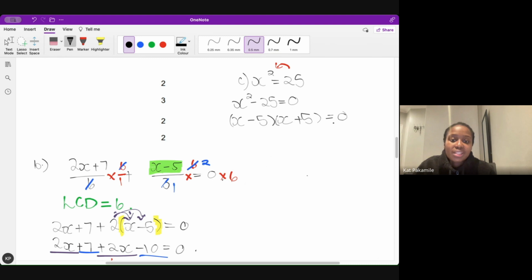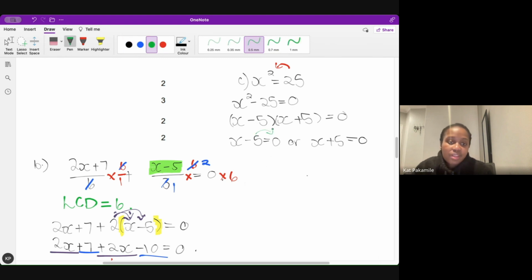Now I have two factors equal to 0, so I can split it up. So I say either x plus 5 is equal to 0, or, I'm pretty sure I said plus and wrote minus. So either x minus 5 is equal to 0, or x plus 5 is equal to 0. What is the solution for the first one? X minus 5 equals 0.